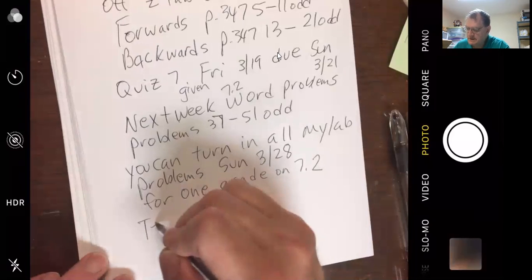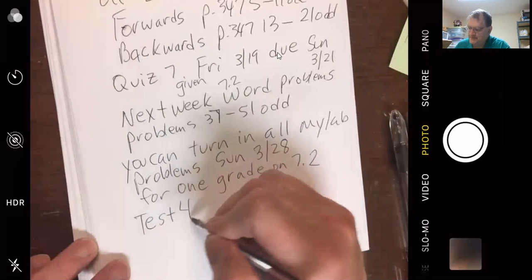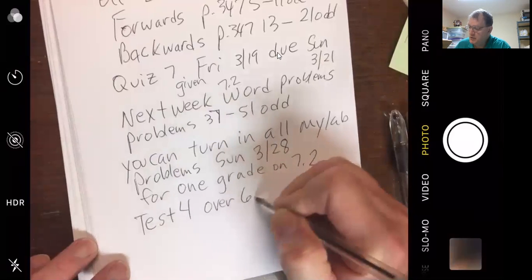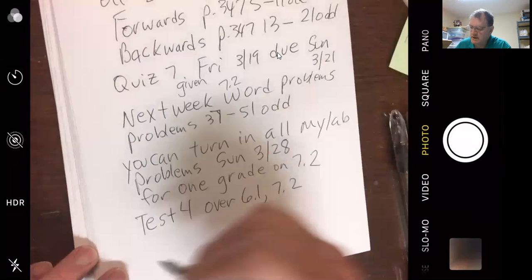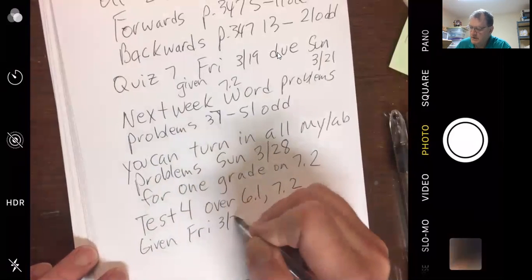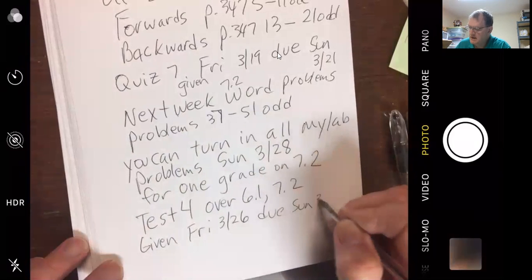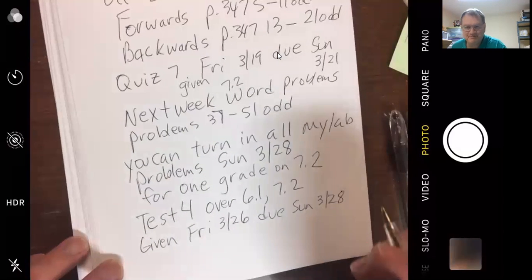So test 4 over 6.1, 7.2 is given Friday, 26, due Sunday, 328.